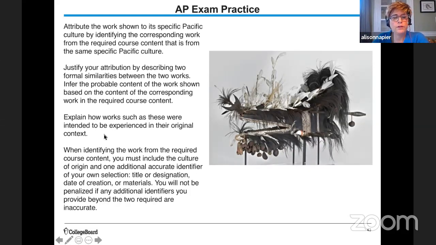Again, when you're doing this kind of attribution question and identification is involved, you've got to include the culture of origin on this one. So always read the prompt, right? Make sure you know what you're supposed to be giving. And then one additional accurate identifier is fine for a full identification. That can be the title, the date of creation, the materials.